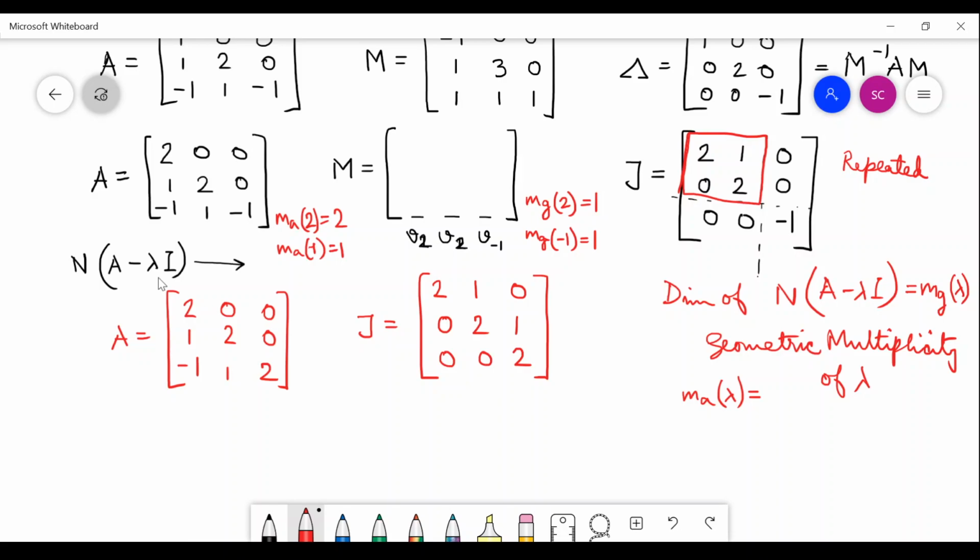So the dimension of the null space cannot actually exceed the algebraic multiplicity of the eigenvalue. So the geometric multiplicity will always be less than or equal to the algebraic multiplicity.